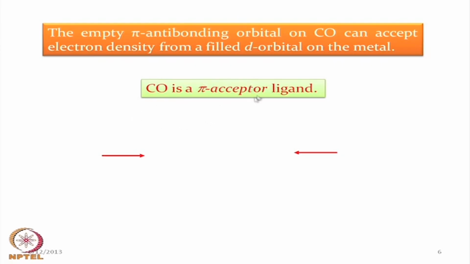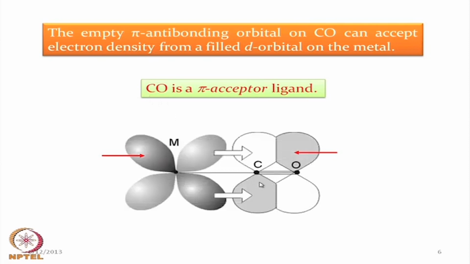It is the strongest possible one, though it does not have any charge which can be utilized for the donation of electronic charge to the metal orbital. The only thing is that it has a symmetry adapted pi acceptor orbital available for the acceptance of the electron density. So, in the low oxidation state of the metal, the electron density is pushed to this level and we get a very strong interaction between the metal and the carbon monoxide molecule.